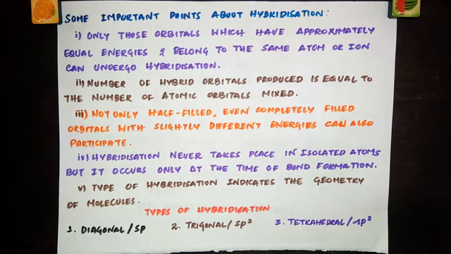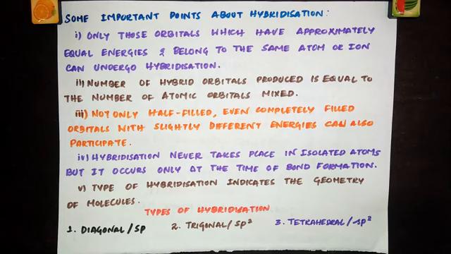And the third point, not only half-filled, even completely filled orbitals with slightly different energies can also participate in hybridization. And the fourth point, hybridization never takes place in isolated atoms. Just now I mentioned it occurs only at the time of bond formation because energy is needed.